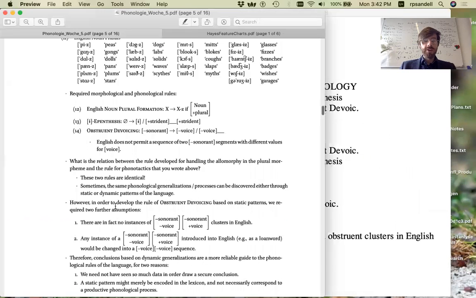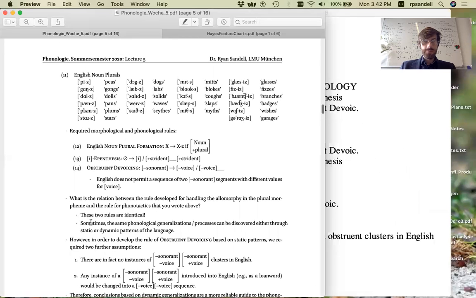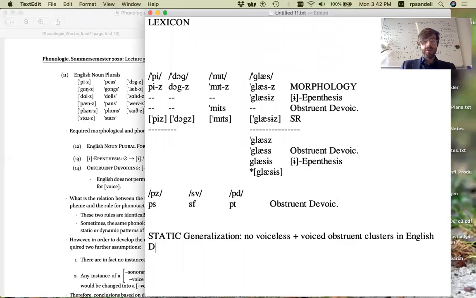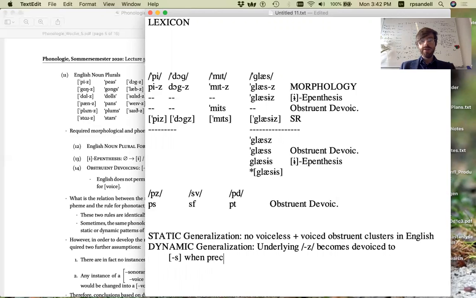The corresponding dynamic generalization that we can discover through the plural morphology is that we can observe that the underlying suffix z becomes devoiced to s when preceded by a voiceless non-strident obstruent.